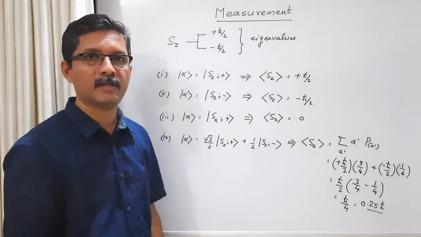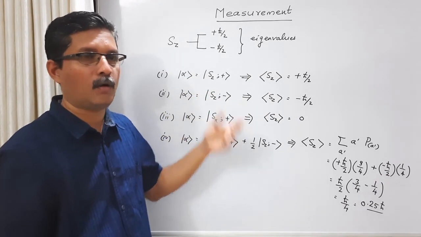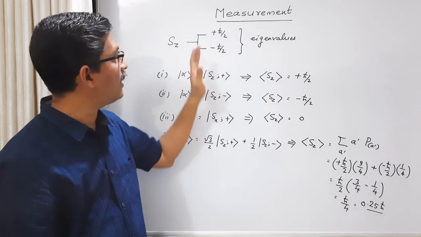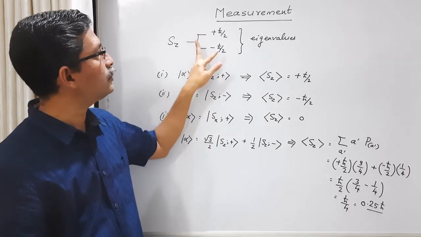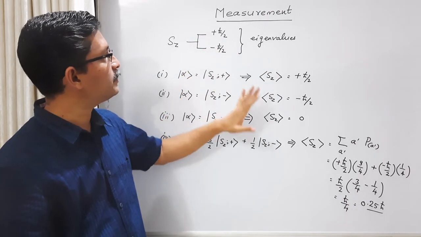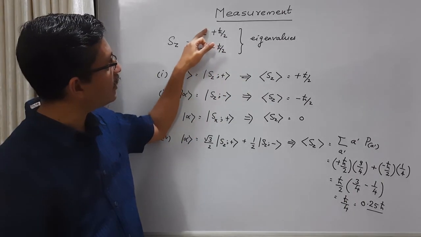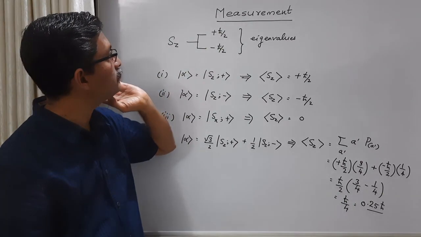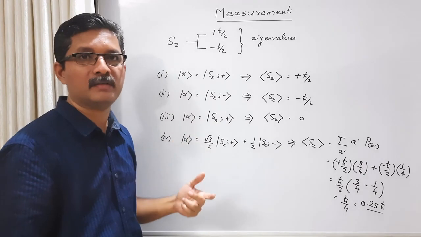These two are the extreme cases where the initial state is one of the eigenkets of the operator. So this is the difference between eigenvalues and expectation value. In this case there are only two eigenvalues, but the expectation value can be any real number between these, depending upon the state in which we are making the measurement.